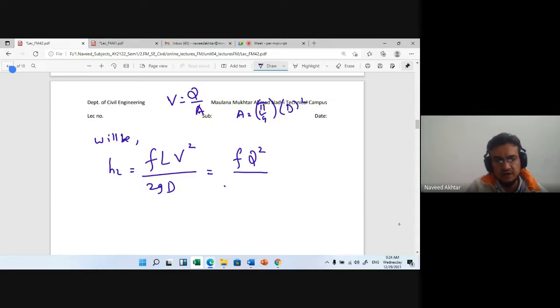So it becomes F L Q square upon pi by 4 whole square into 2G into D raised to 4.